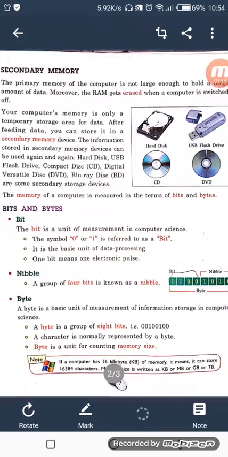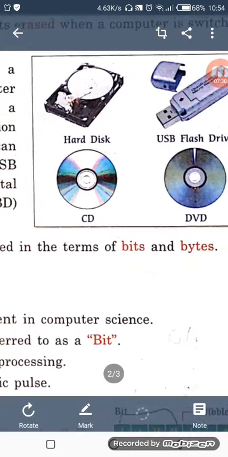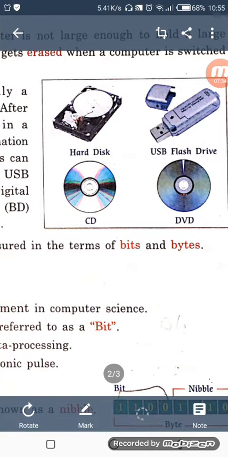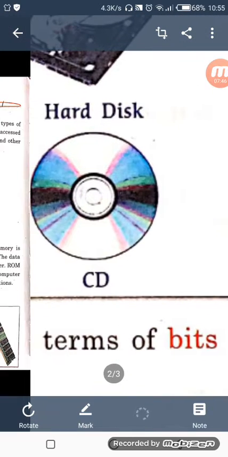Now CD and DVD both look the same, but what is the difference between a CD and a DVD? Let's differentiate what is a CD and what is a DVD. Just see this. A DVD has more storage capacity than a CD.